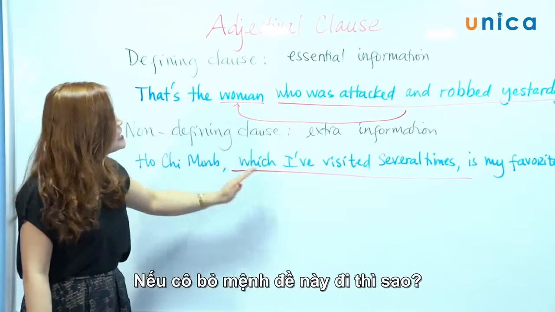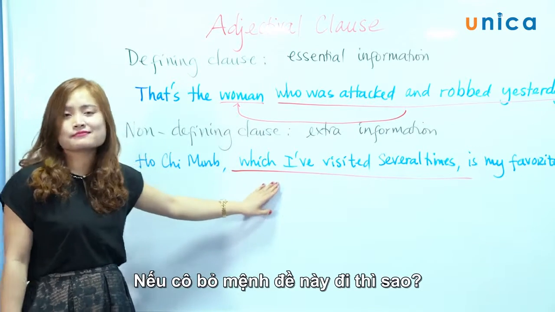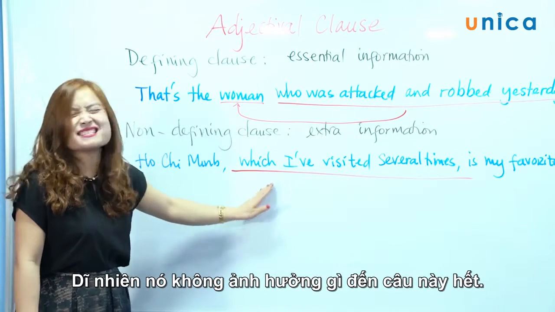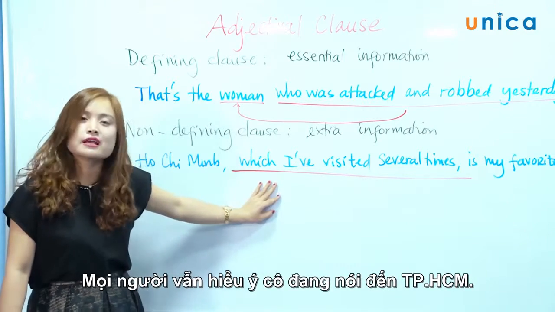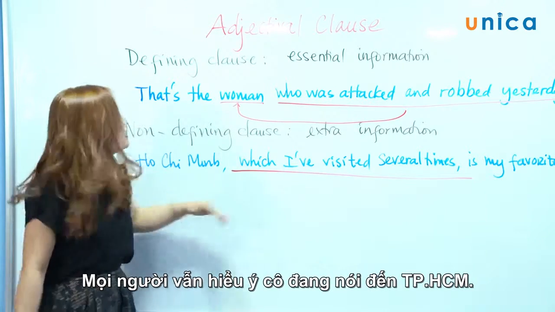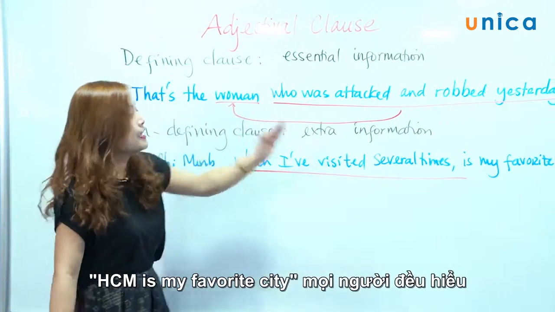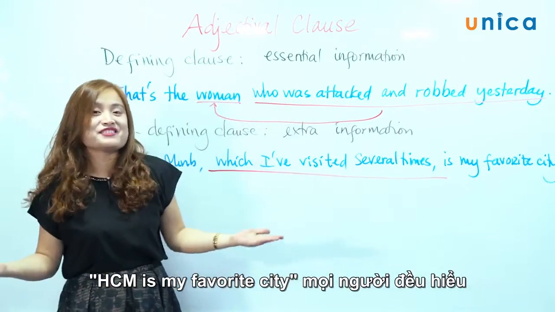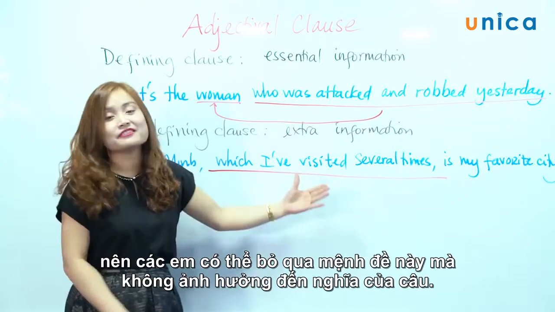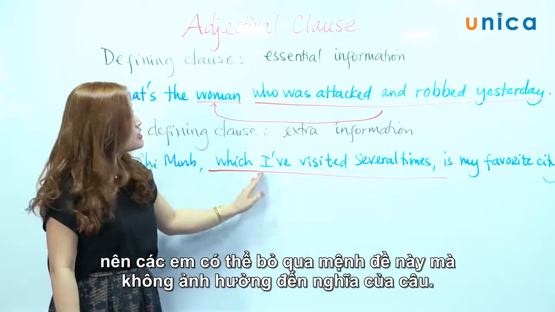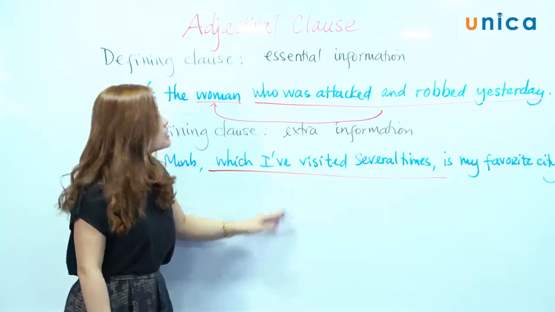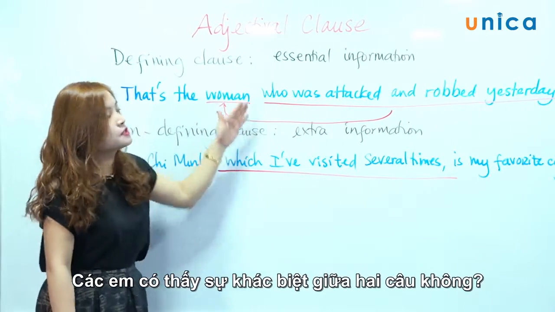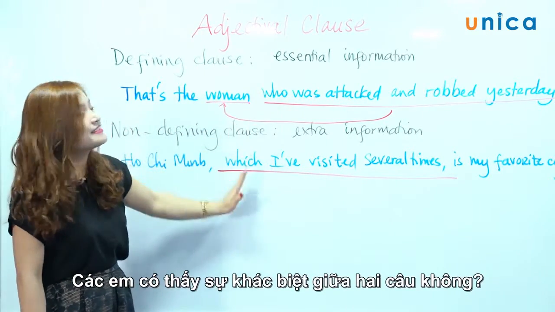What if I leave out this clause? Of course, it doesn't affect my sentence at all. People still understand what I mean by saying Ho Chi Minh. So Ho Chi Minh is my favorite city. Everybody understands that. So you can leave out this clause without affecting the meaning of the sentence. And you see the difference between these two sentences?